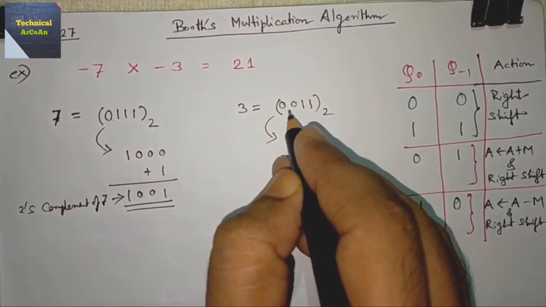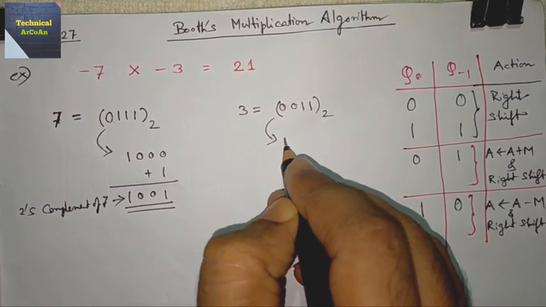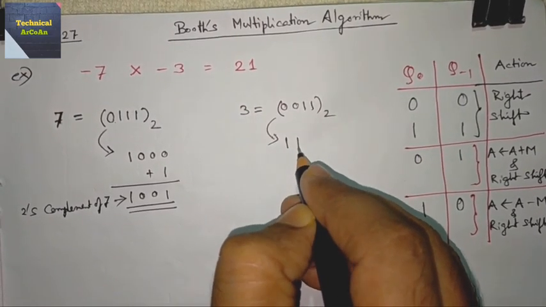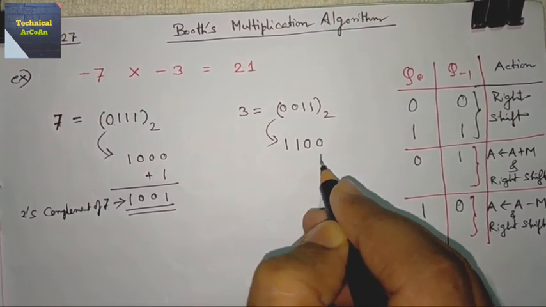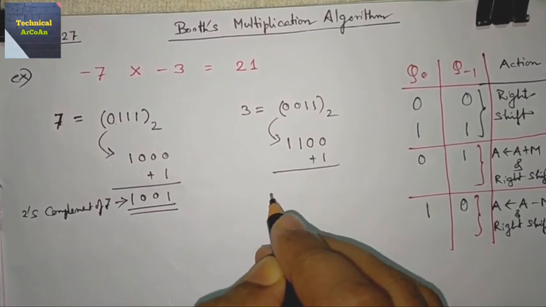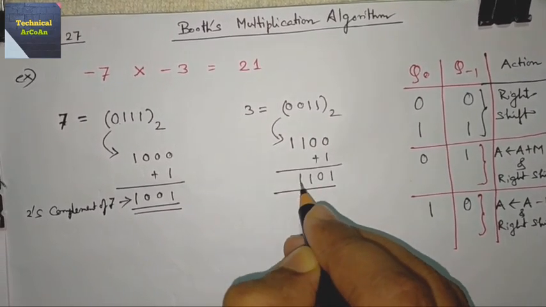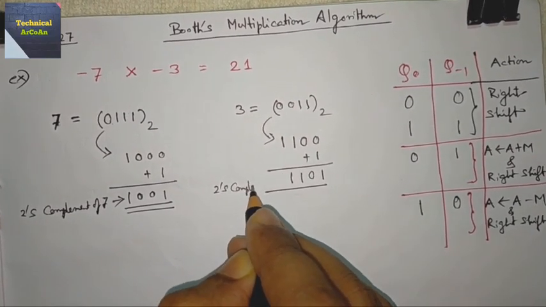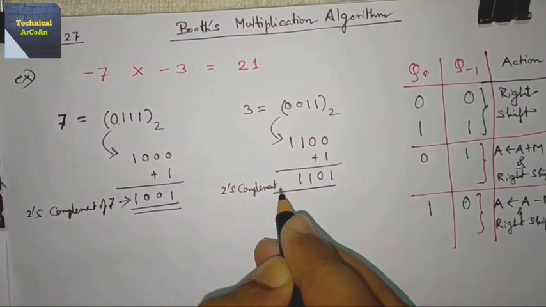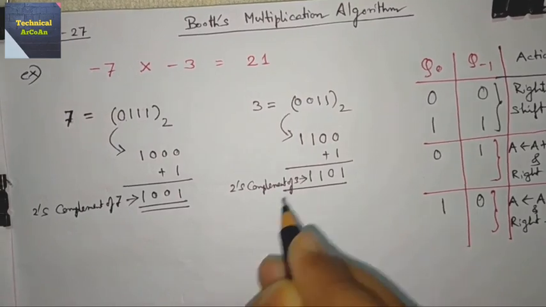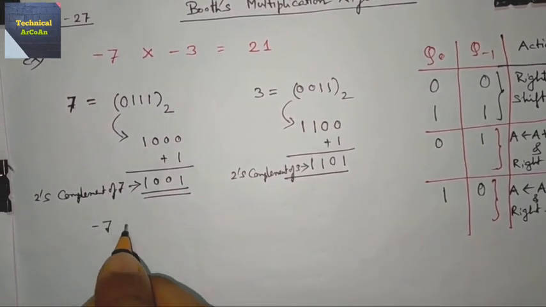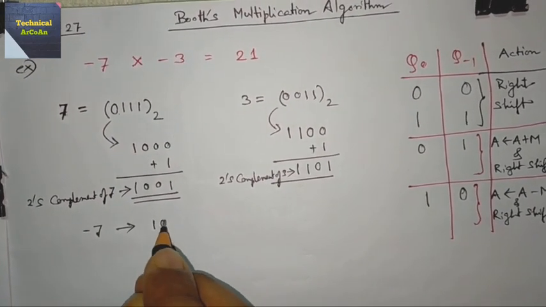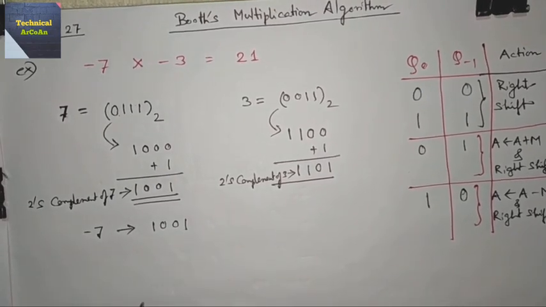At first we do the 1's complement, so just flip the bits, giving 1 1 0 0, and after that we add 1, so the result will be 1 1 0 1. That will be the 2's complement of 3. Now minus 7 is represented as 1 0 0 1.